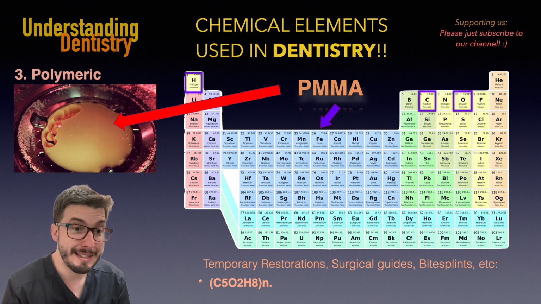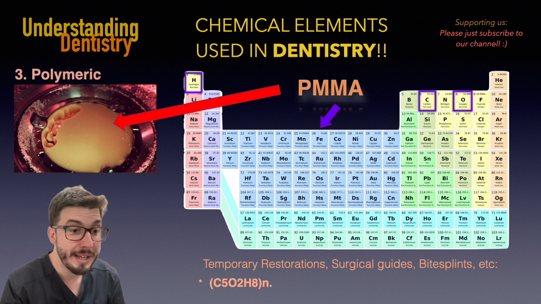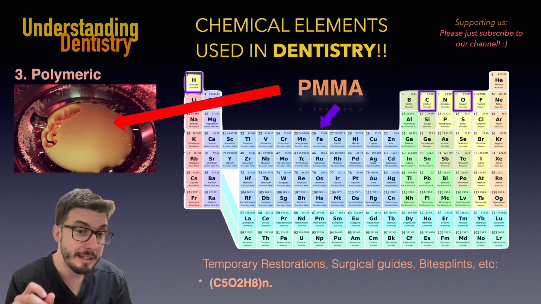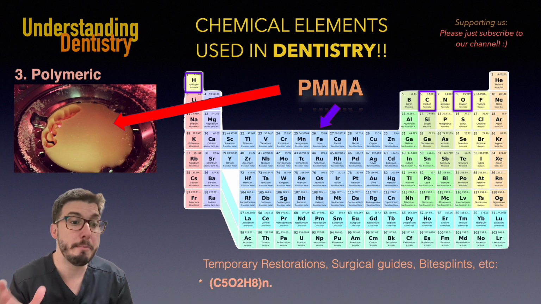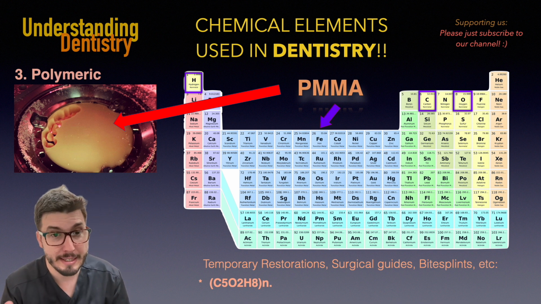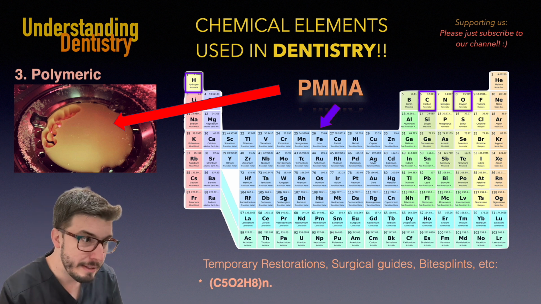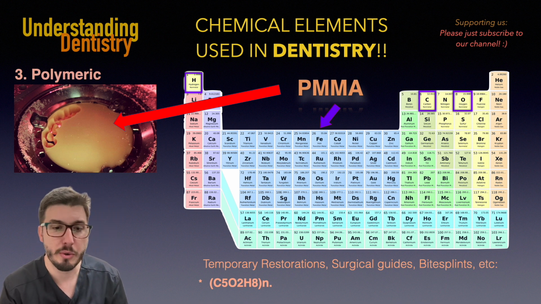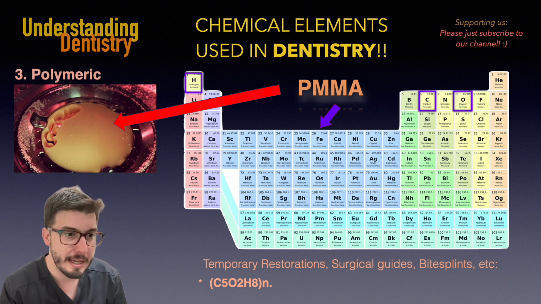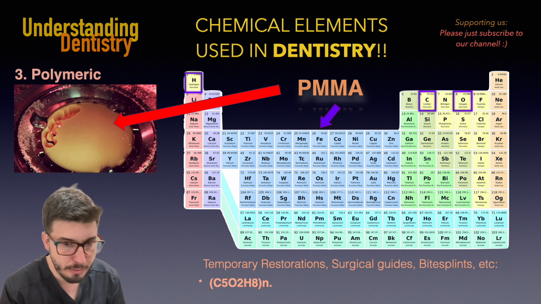But don't forget that instead of PMMA, we can 3D print light curing resins that are composed of monomers and oligomers instead of polymers, okay, and you will still have very nice results. So you still have restorations, surgical guides from the nice 3D printed resins, even bite splints.